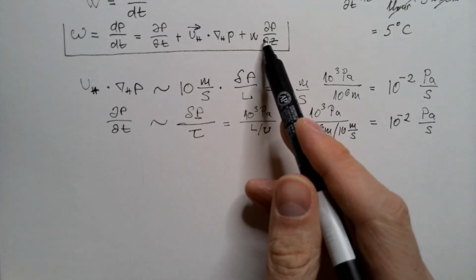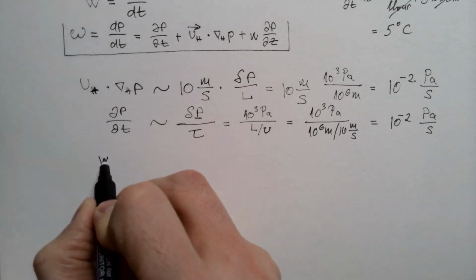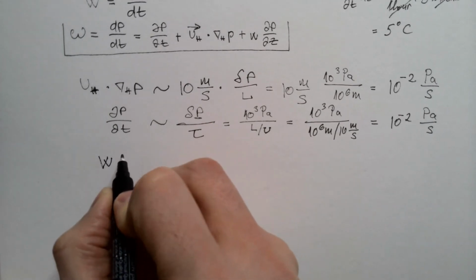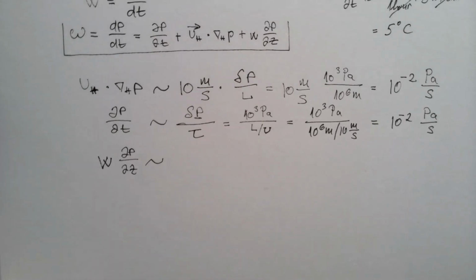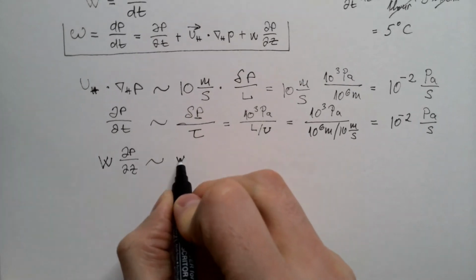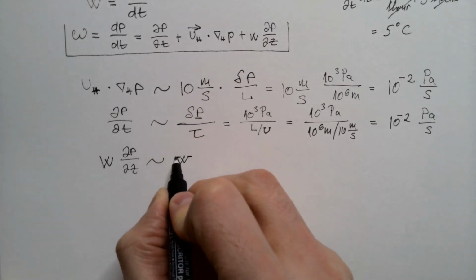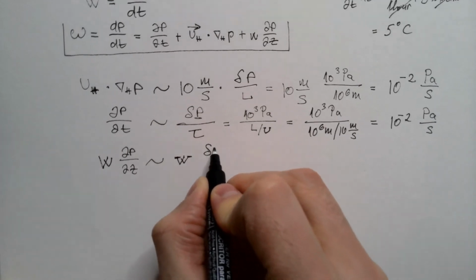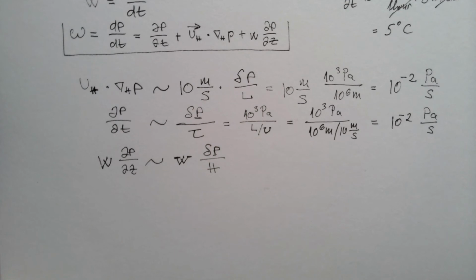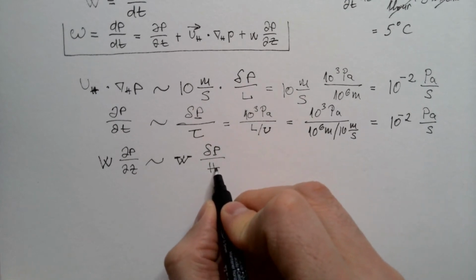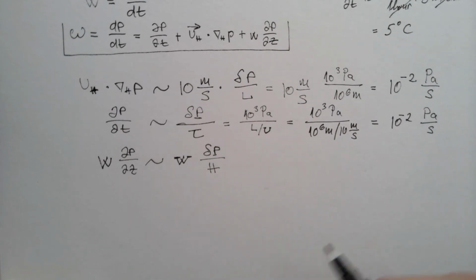However, let's look at this term over here. This term, W delta P delta Z, scales as, well, characteristic value of W times pressure fluctuation but along the height, that is characteristic height, and that's basically the depth of the troposphere. Again, all these are now explained in my video on the scaling of vertical momentum equation.